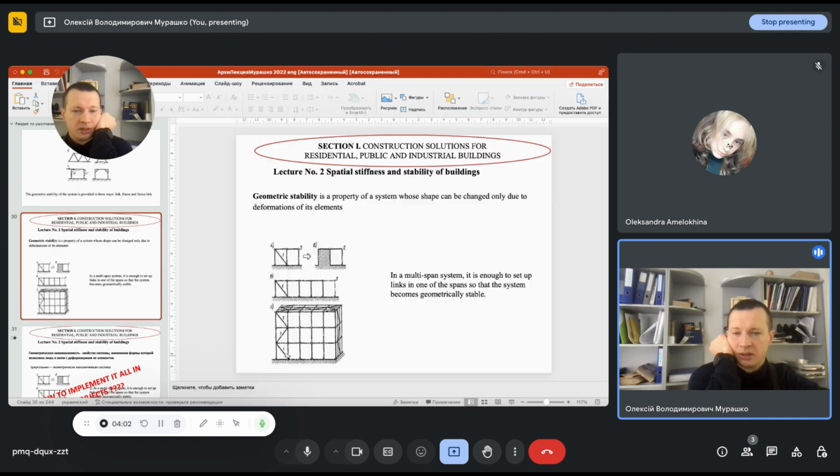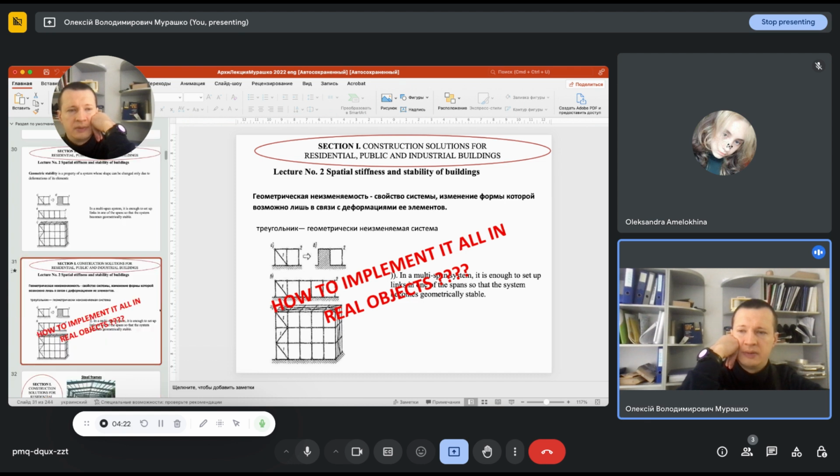So one link in this way, one link in this, also a link in this direction, in this and this, and you can see the roof elements. They also, the slab elements, they also consist of such link elements.